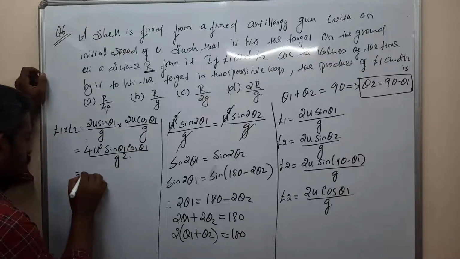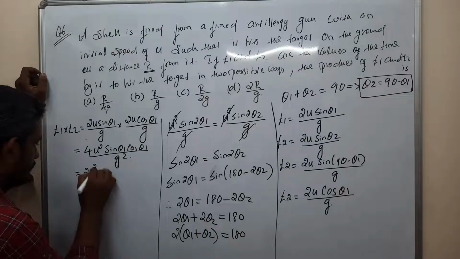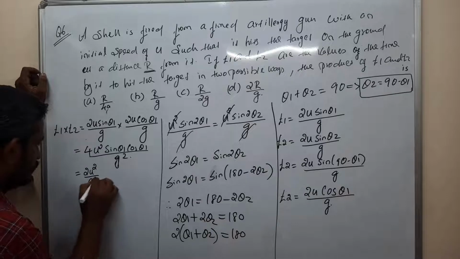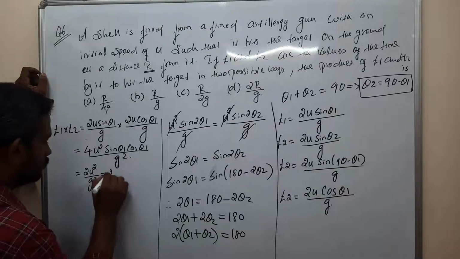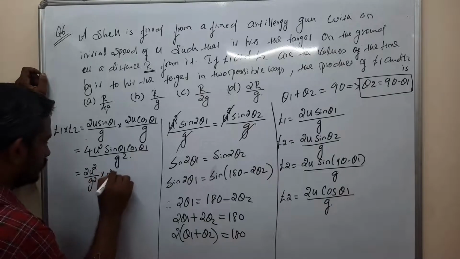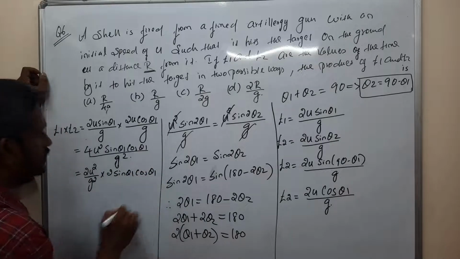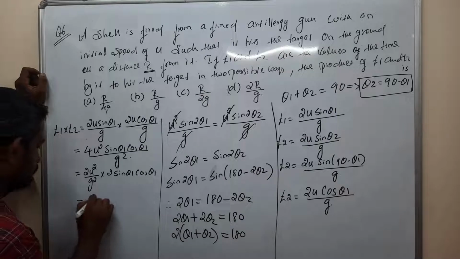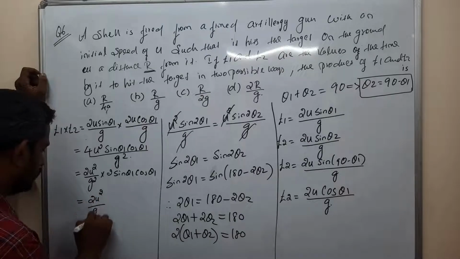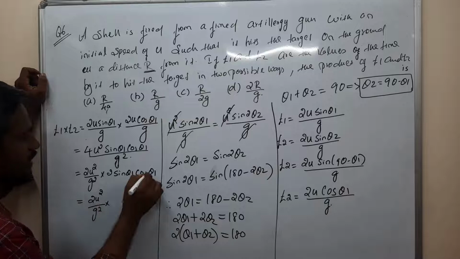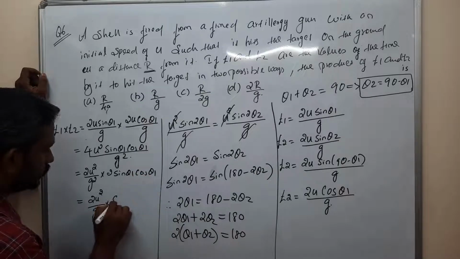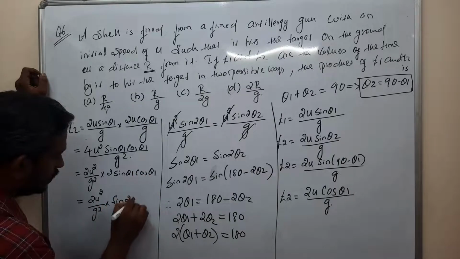That's equal to 2u square by g square into 2 sin theta 1 cos theta 1, that is sin 2 theta 1.